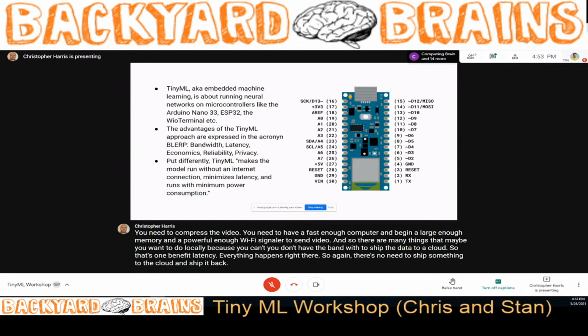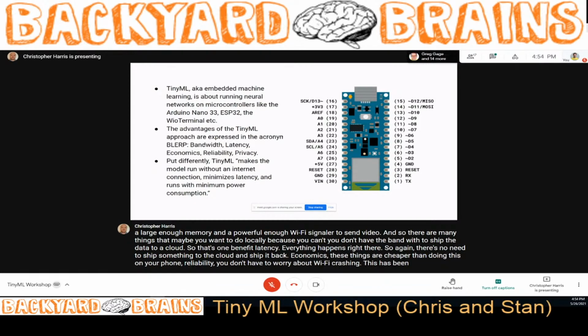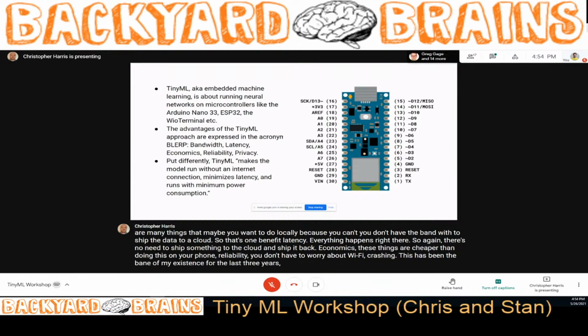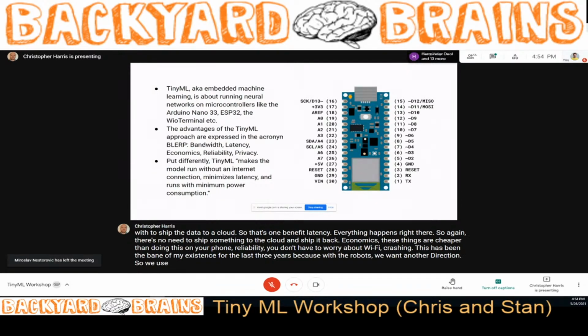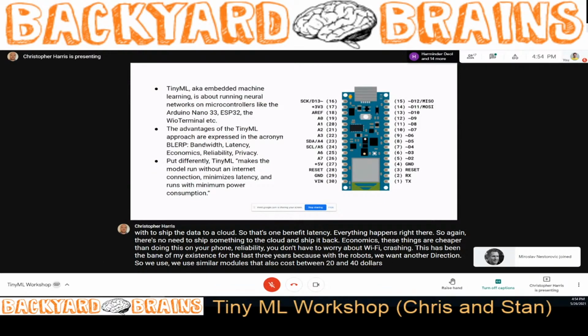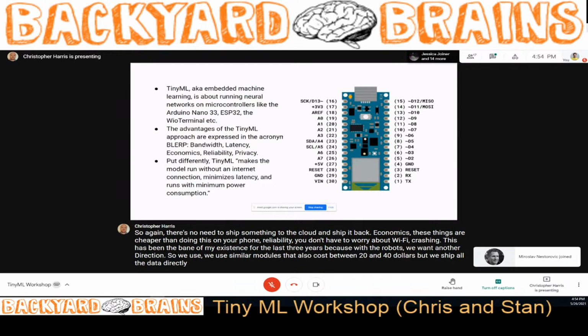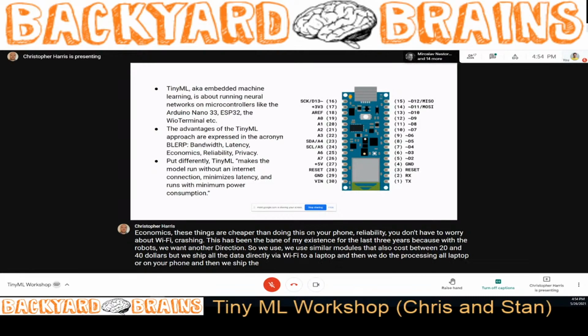This has been the bane of my existence for the last 3 years, because with the robots, we went another direction. We use similar modules that also cost between $20 and $40, but we ship all the data directly via Wi-Fi to a laptop, and then we do the processing on a laptop or on your phone, and then we ship the results back to the robot to do the control.